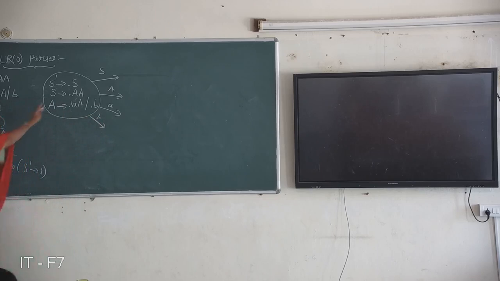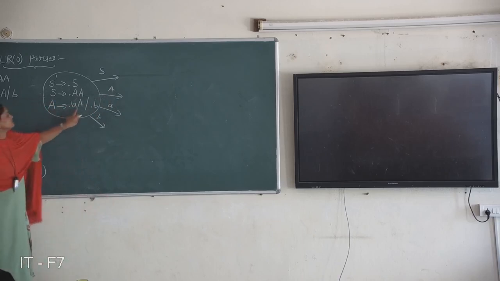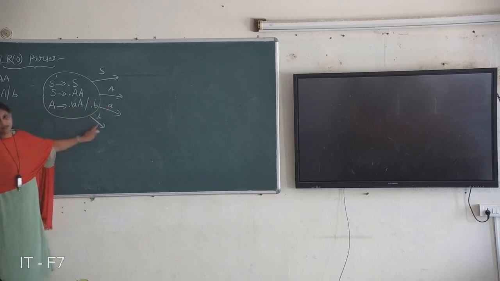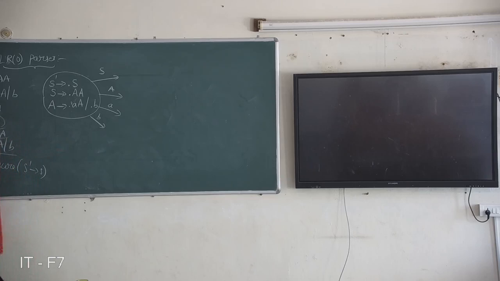This is nothing but goto of S derives AA on A, goto of A derives aA on a, and A derives b on b. Then do the transition and write the closure. Whatever productions come after the dot, if there is a non-terminal, include all that non-terminal's productions. That is nothing but finding the closure.